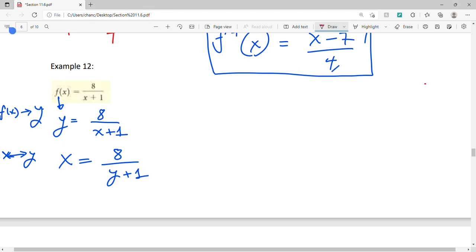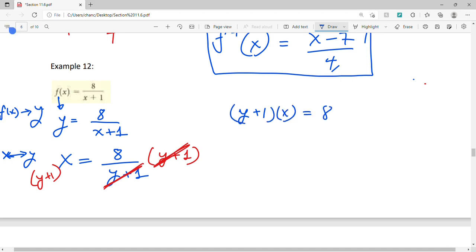I have to solve for y, so we'll multiply both sides by y plus 1, and that's going to essentially get rid of this denominator for us. This reduces. And so we have y plus 1 times x is equal to 8. But that means I could distribute that x. And so we have xy plus x is equal to 8.